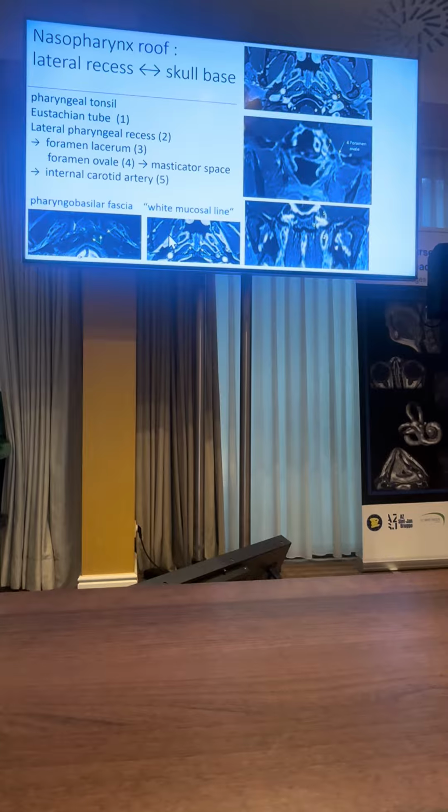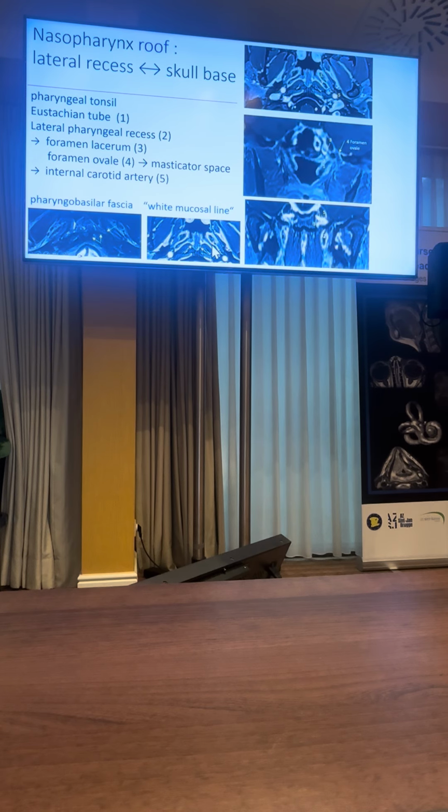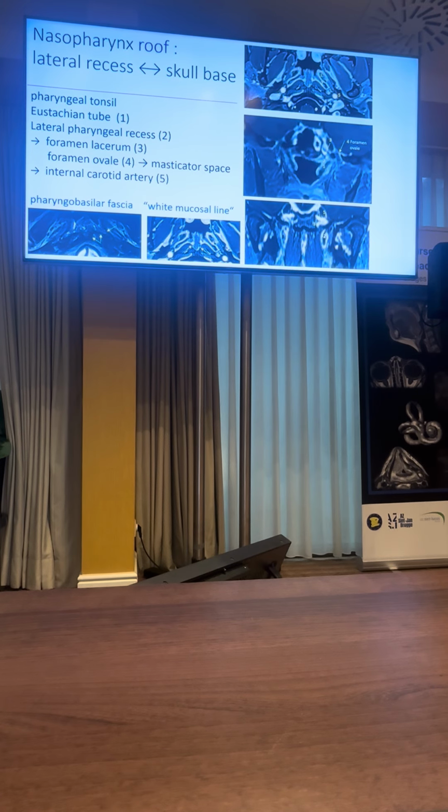What we can see here on this T1 weighted image is not only the difference in caliber of the mucosa, but we see this white mucosal line. And look for this white mucosal line because this should be preserved. If there is an interruption or effacement, if it's gone, this is not normal.